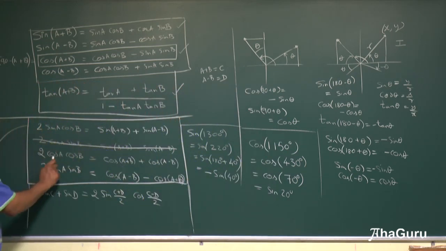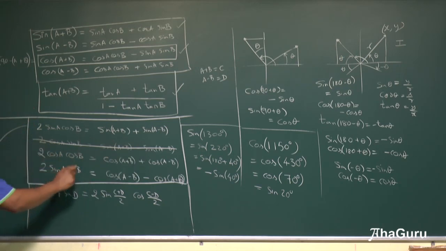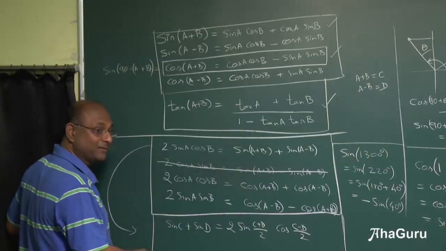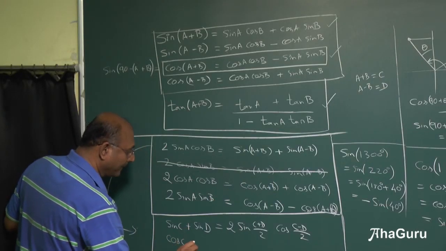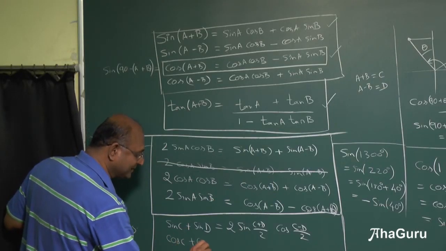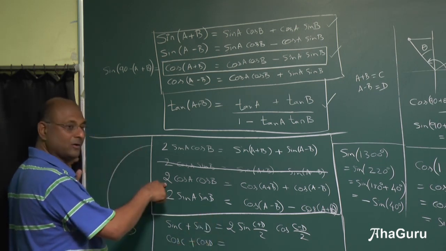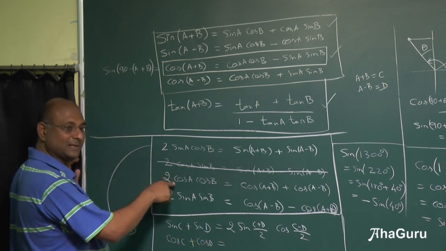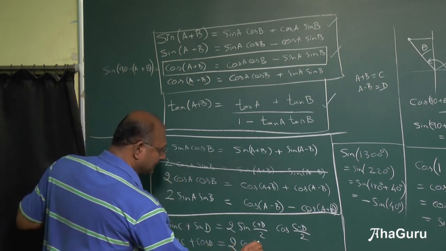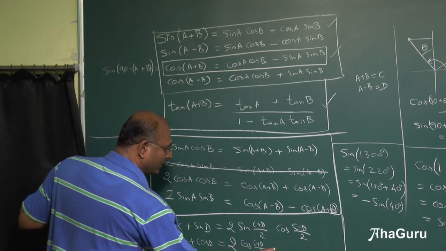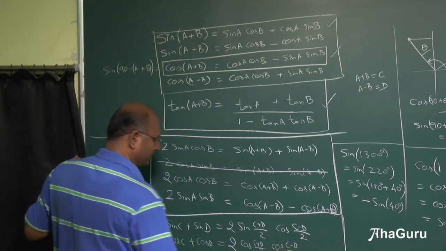Then I have, look at this one and look at that one. So, cos of A plus B plus cos of A minus B, this I will call cos C plus cos D. What is that? 2 cos of C plus D by 2 cos of C minus D by 2.